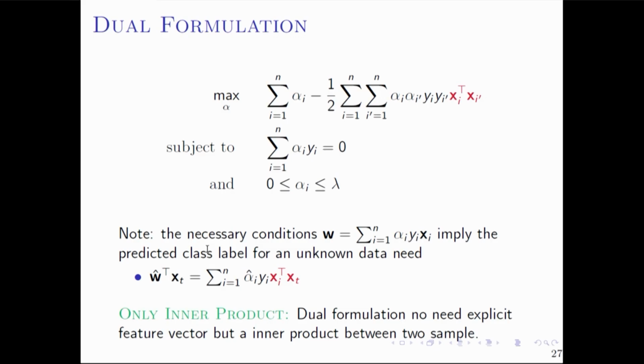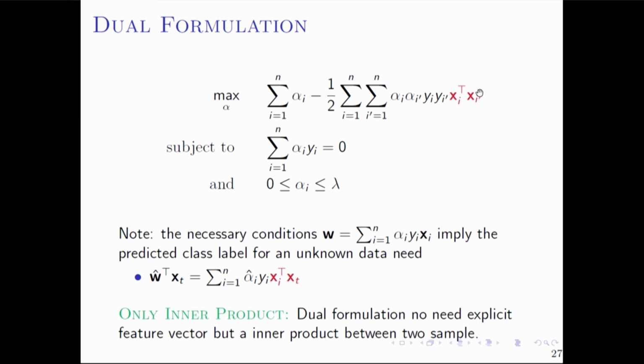Now one thing here. Check the dual formulation. When we are optimizing our dual formulation, we are not directly using our feature vectors. Why?